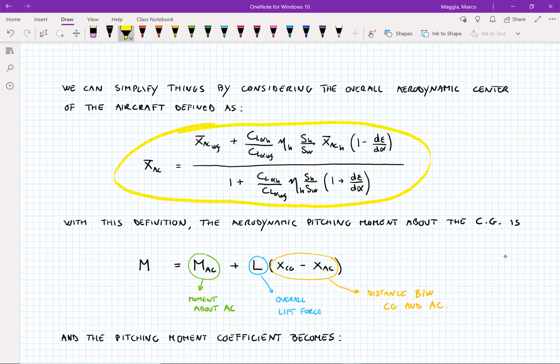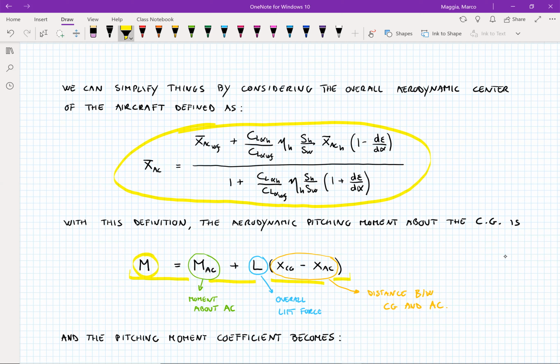But using this definition, we can rewrite the pitching moment as this much easier version over here.